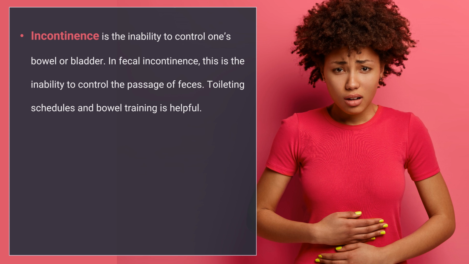However, with incontinence, you just cannot control it. In fecal incontinence, you cannot control the passage of your feces. They just come out. Because a lot of times you can maybe try and hold it in, but with incontinence, you cannot. So what happens with someone with incontinence? You put them on a toileting schedule. And if someone has fecal incontinence, you put them on bowel training as well.